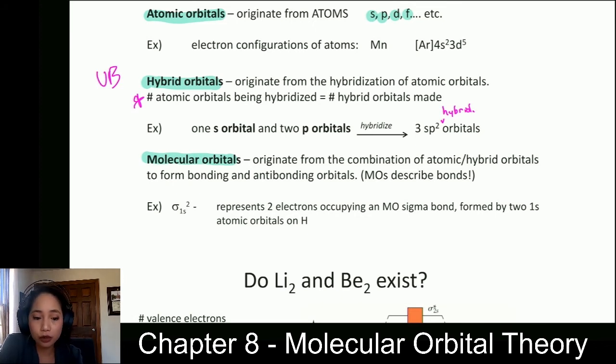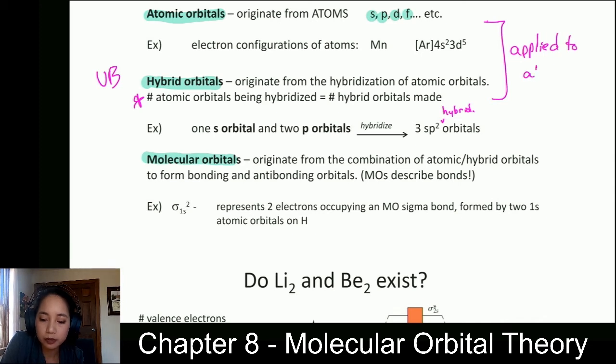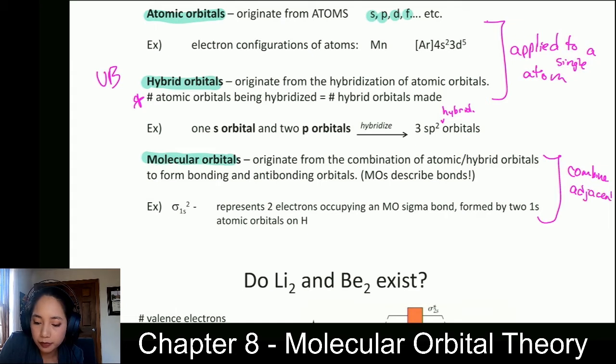Both atomic and hybrid orbitals are applied to just a single atom, while molecular orbitals are made when you combine adjacent atoms to make bonds, when you make molecules.